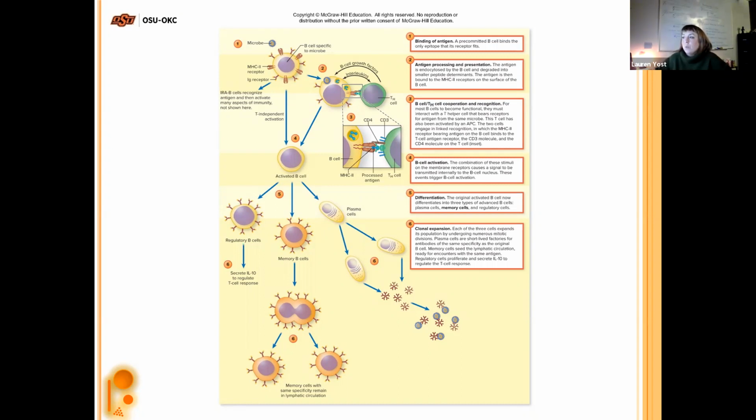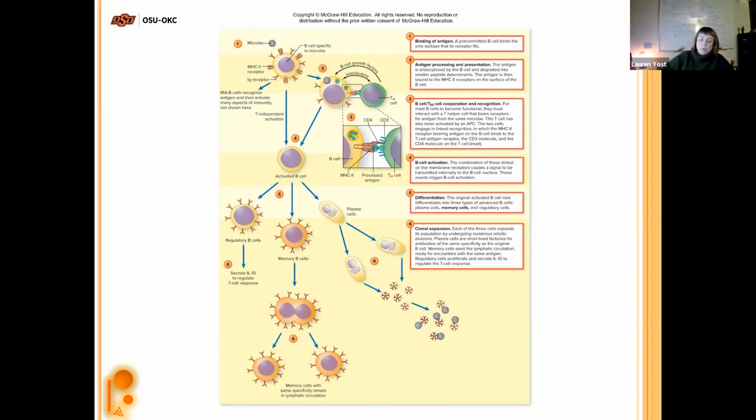Then the B cell is activated. Then we're going to differentiate. And then we're going to go through clonal expansion, while making all those plasma cells. So what's a plasma cell and what's all this mean? We're going to get into the details of this in a little bit.